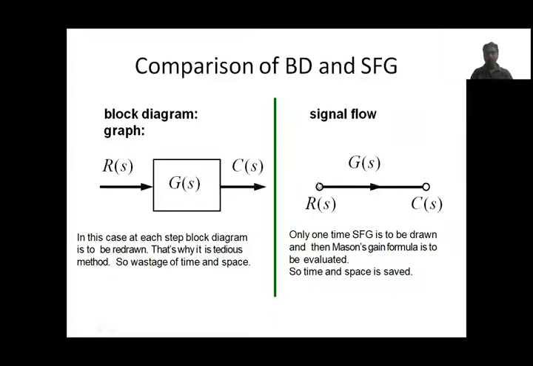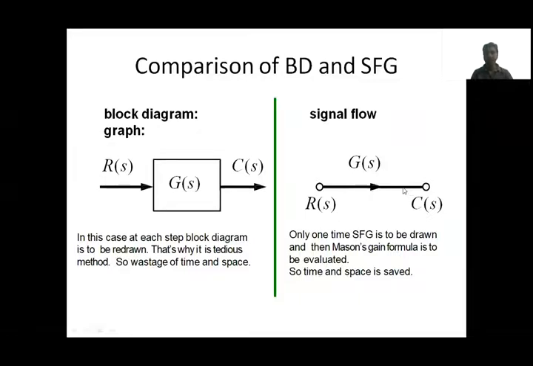On the left side, the input R of S is a variable represented by a small single node, and the signal gain term, a box or block, is represented by a line or branch.